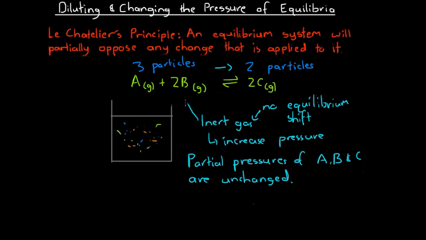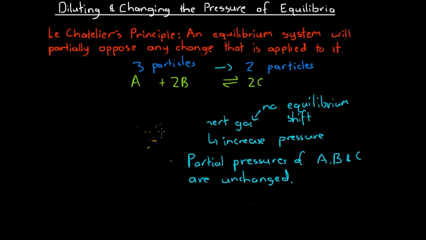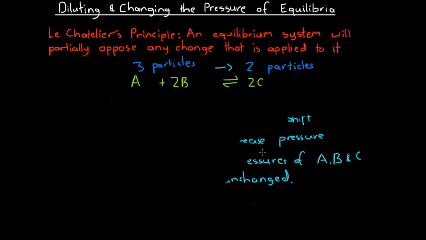Now, if we wanted to analyze a dilution situation, we could do almost the exact same thing. If we change these states and look at an aqueous solution, we can analyze it in the exact same way.